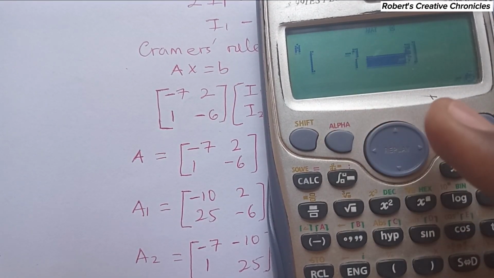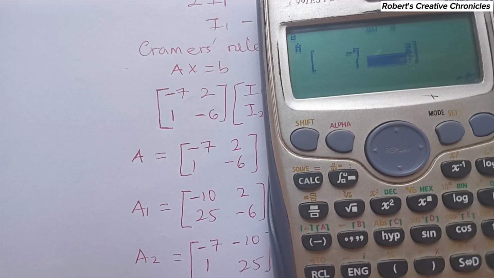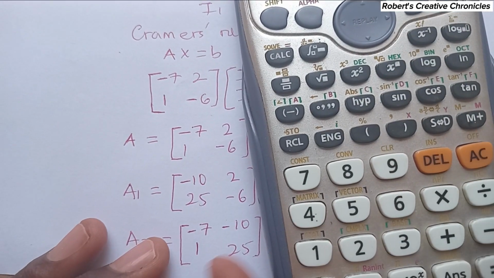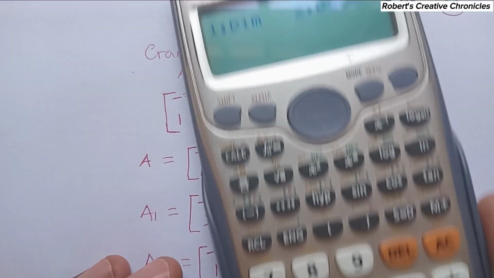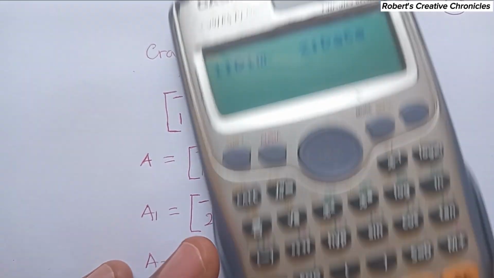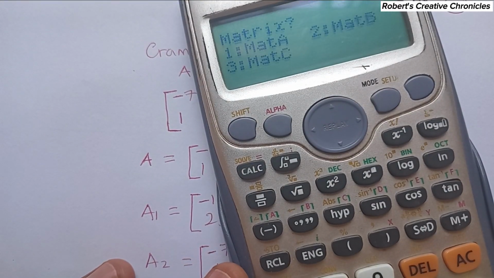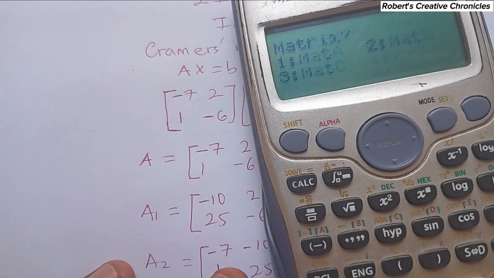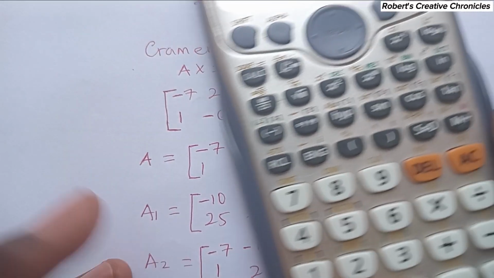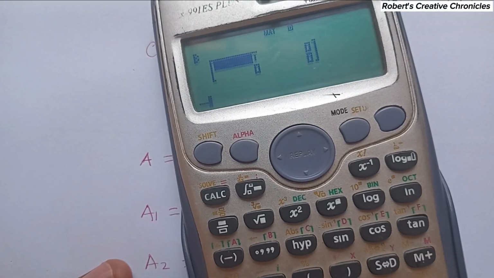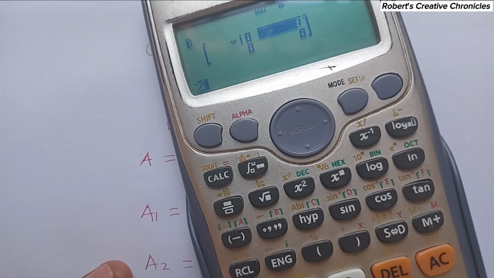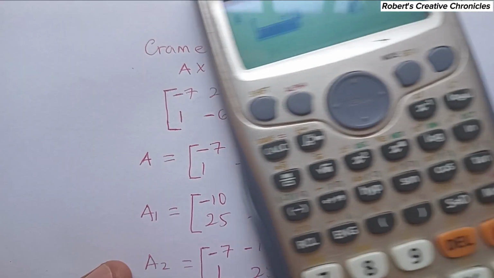Then we press shift and matrix, then press 2 for mat B. Then you select the second matrix: -10, 2, 25, and -6.